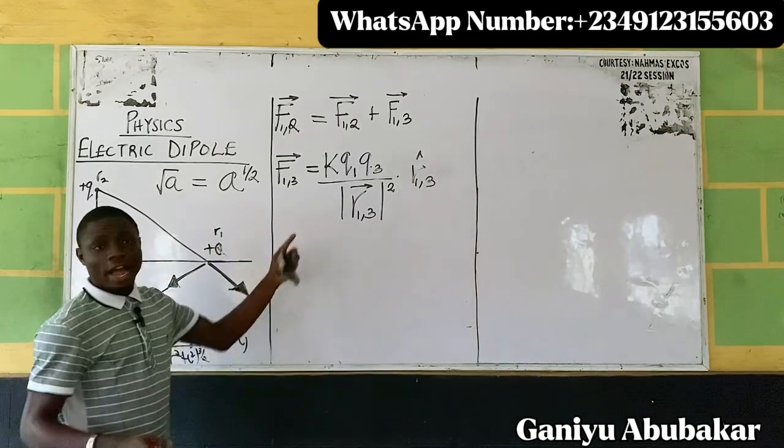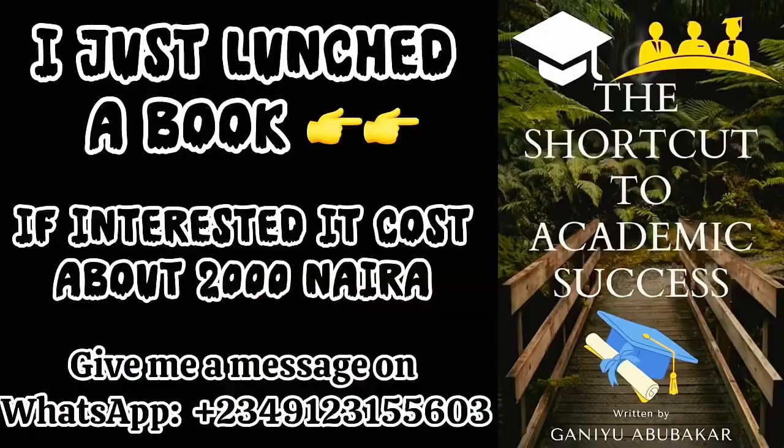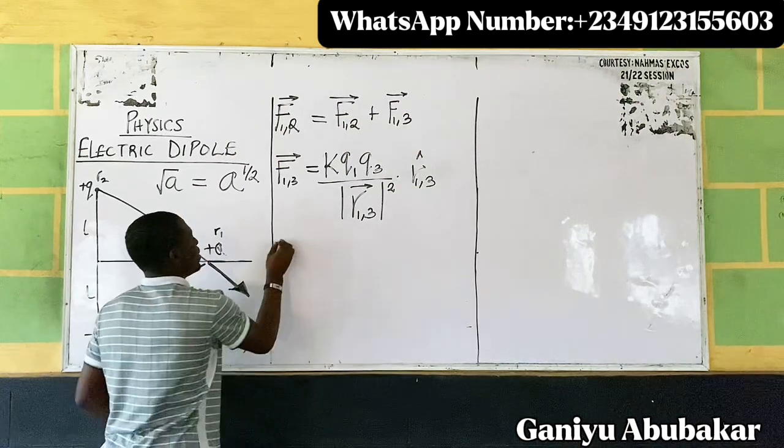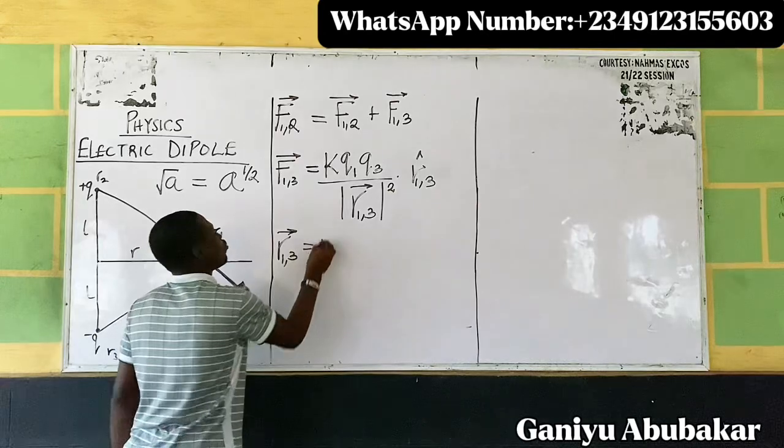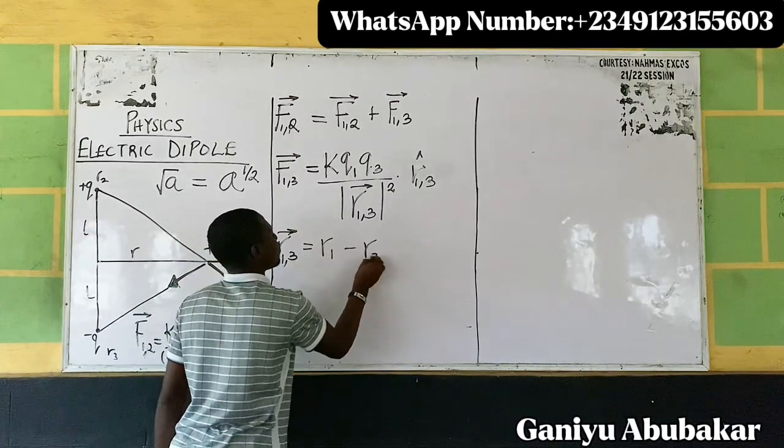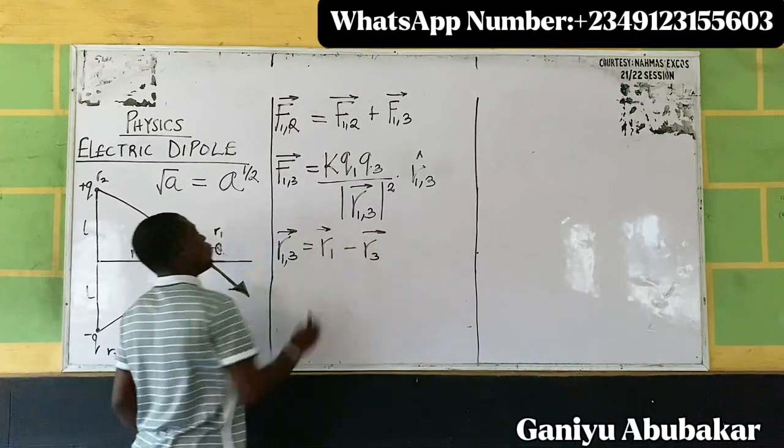Alright, I have this one here. Get this part first. r13 is equal to r1 minus what? r3. I have this. Where is r1? Your r1 is here. That's your origin.